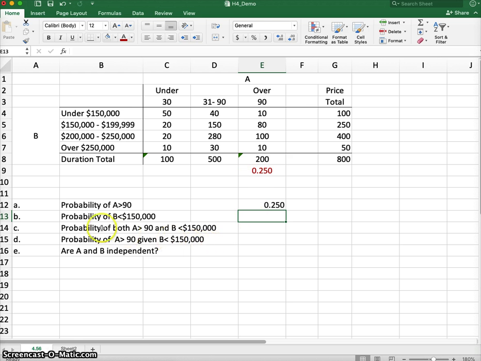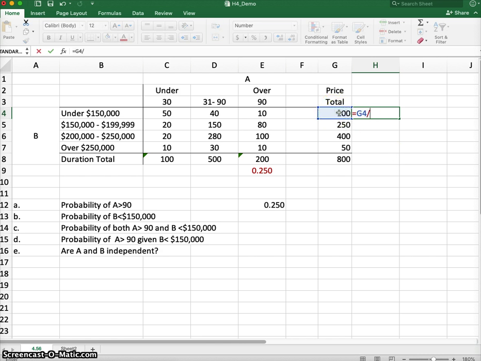Okay? Now, what's the probability that B, which is the price for which the house was listed, is under $150,000? Well, 100 of the 800 were listed for that amount, so I can calculate the probability.